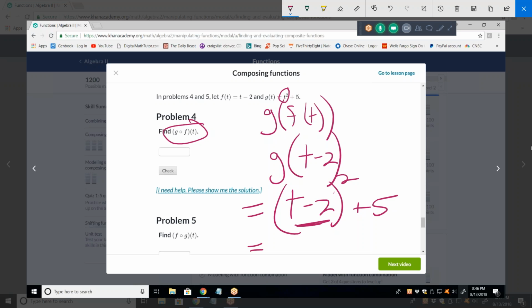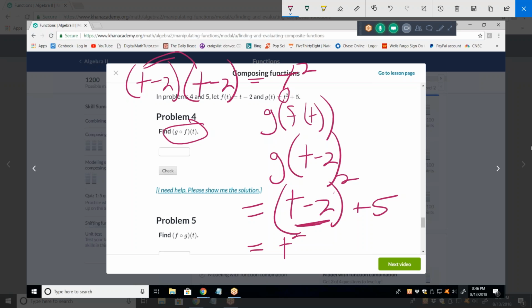One of the most common mistakes in algebra is to square this and come up with t squared plus 4. It's not that. Never is that. There's always a middle term. So it is t minus 2 squared.